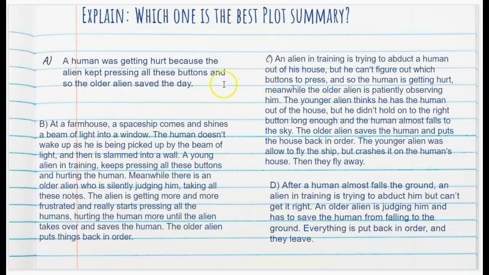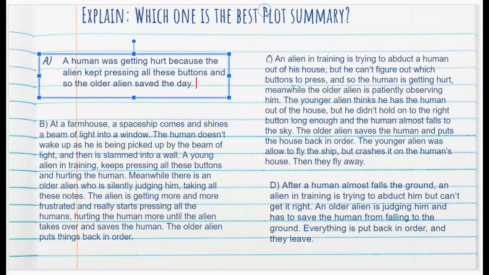So we are missing some main points and information. So I am just going to type that in there. Missing events. Okay. And that's pretty much missing the beginning, the climax, and the resolution.